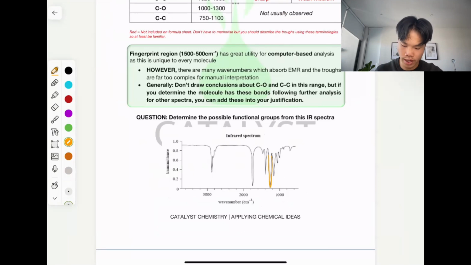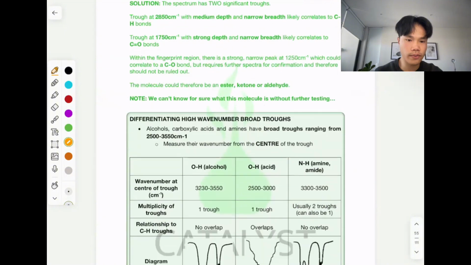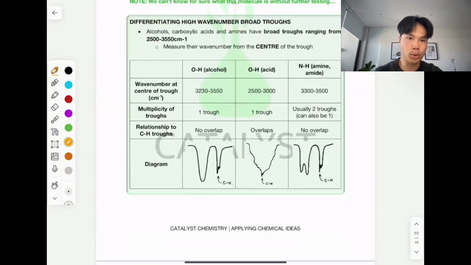So always note that as a possibility if you have a deep, narrow trough around 1,000 to 1,300. And then your broad troughs at high wave number help you separate alcohol from acid from amine, and those are the features that you look for here.